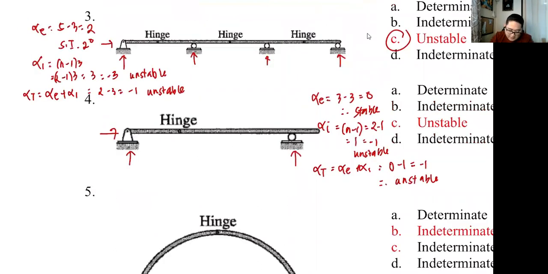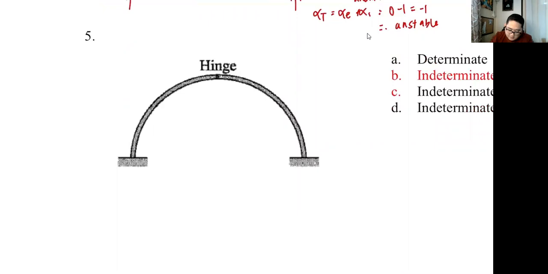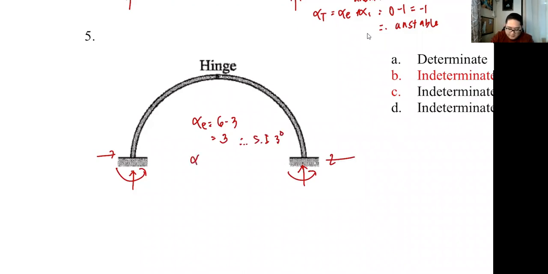Okay? Then we have the last one. We have also a fixed connection. So we have ito as our support reactions, and then we have external. So yung external natin will be 6 minus 3. That will be 3, or statically indeterminate third degree. Internal stability will be n minus 1, 2 minus 1, 1, or also negative 1. Therefore, unstable tayo for internal, or negative 1 yung sagot.